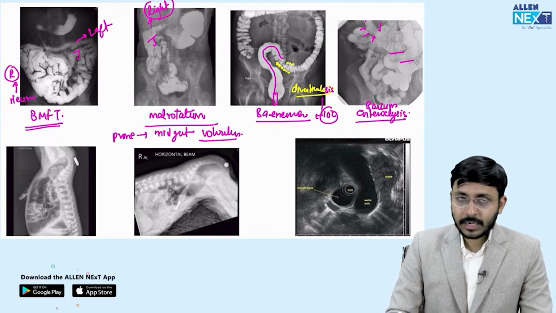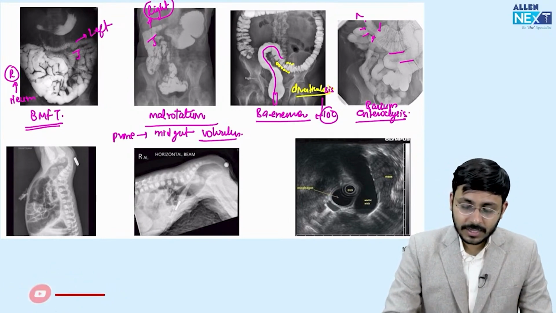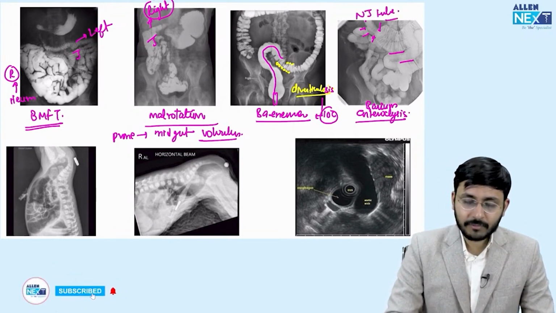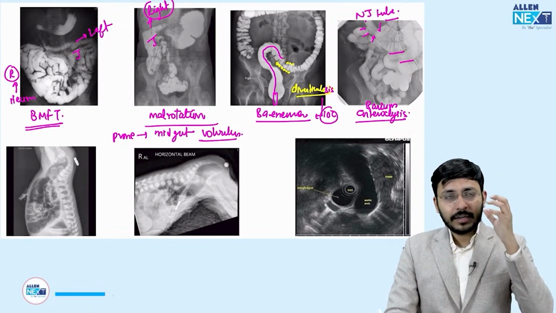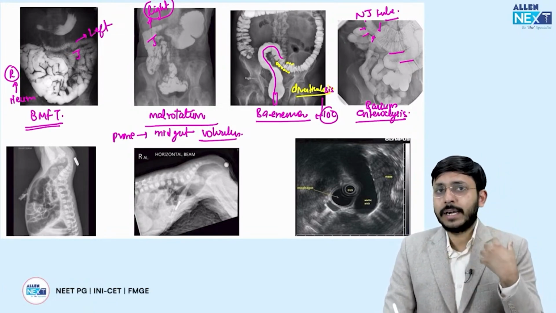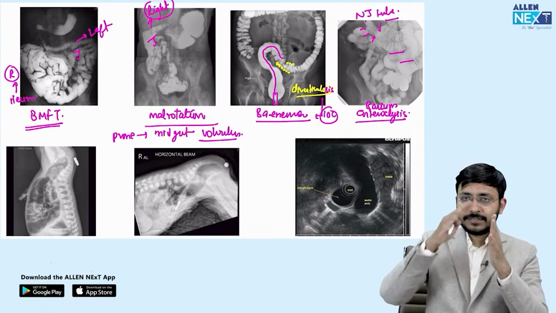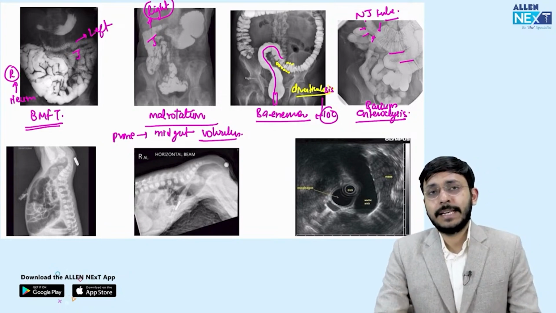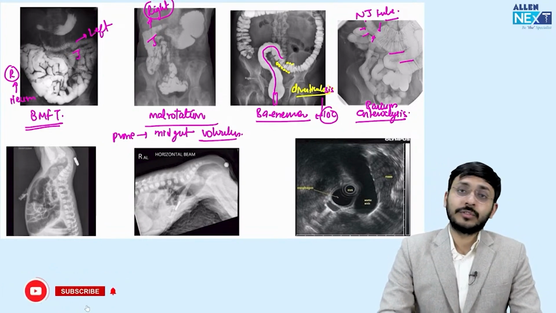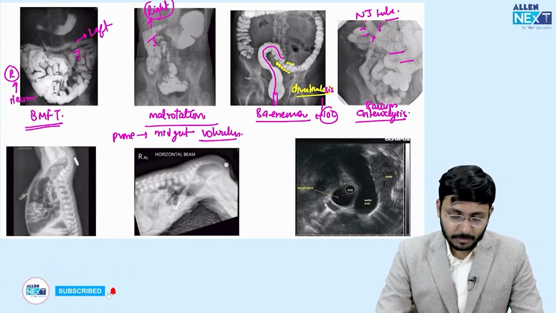We put in a nasojejunal tube, and after giving barium through that tube, we push in some air so that the barium sticks to the walls of the small intestine, and we very well see the mucosal pathologies of the small bowel.